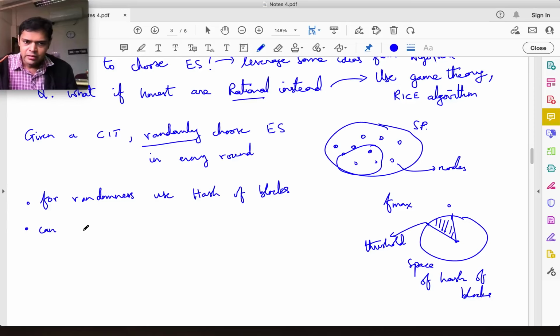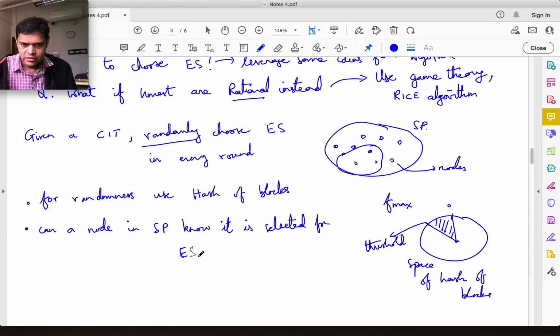Can a node in the stake pool know that it is selected for the execution set, but others not know?